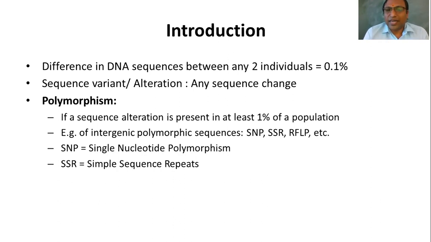Examples of intergenic polymorphic sequences are SNP, SSR, or RFLP, etc. SNP means single nucleotide polymorphism and SSR means simple sequence repeats. These changes actually occur in the DNA during the process.